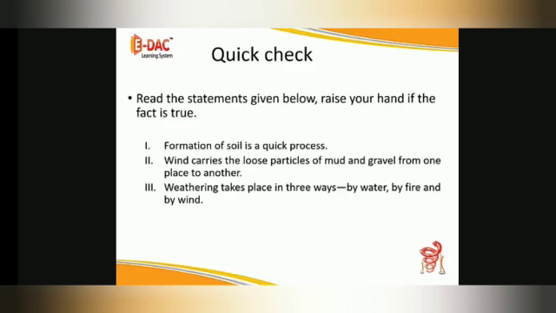First, formation of soil is a quick process. Second, wind carries the loose particles of mud and gravel from one place to another. Third, weathering takes place in three ways: by water, by fire, and by wind.